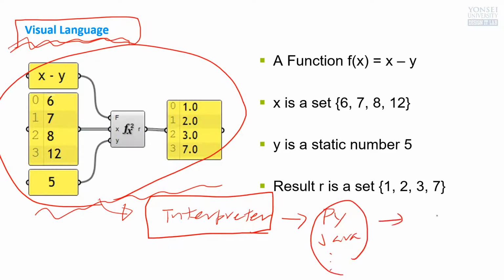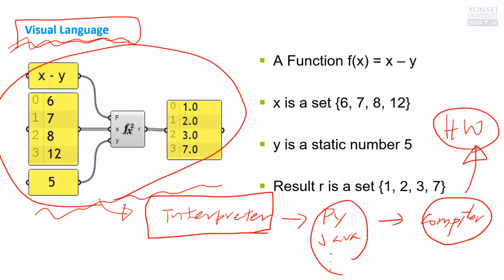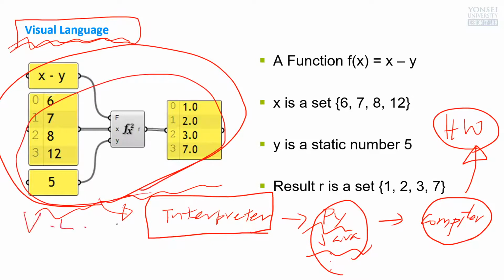And then this is going to be compiled using some specific compiler, and then hardware runs it on top of your machine. So if you learn Python or Java, they have some type of interpreter or compiler in order to work on top of computer hardware. But at another layer, another level, this kind of visual language can be interpreted into text language.